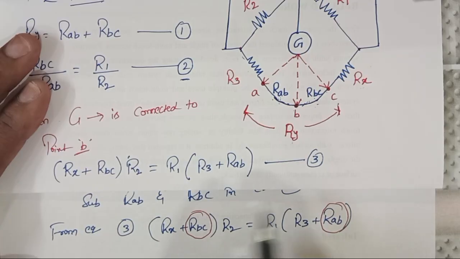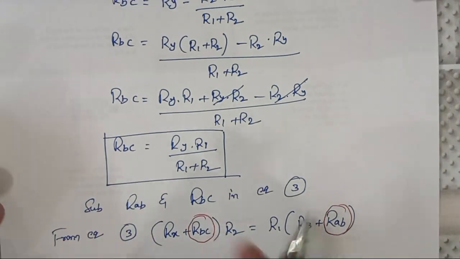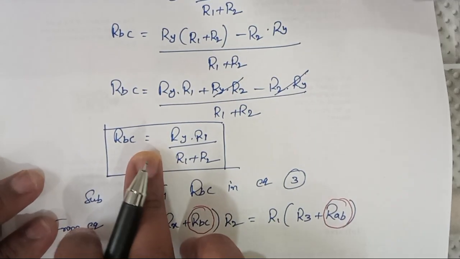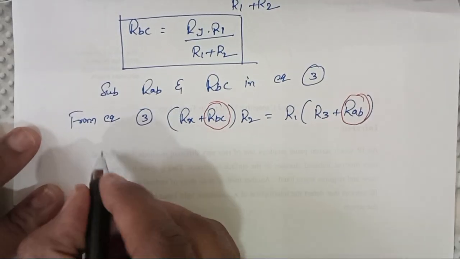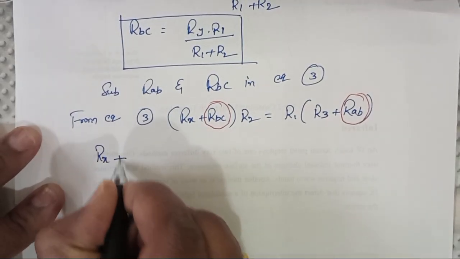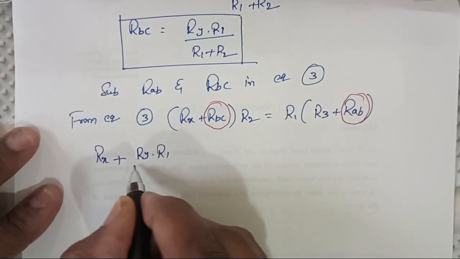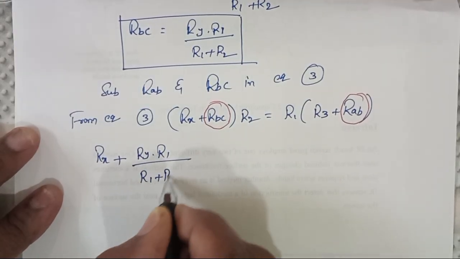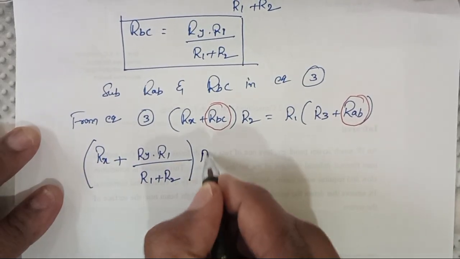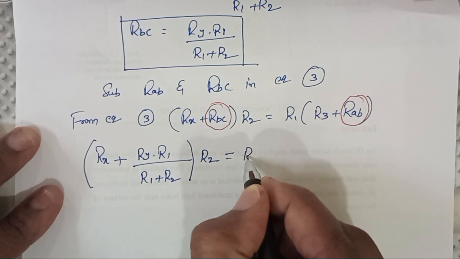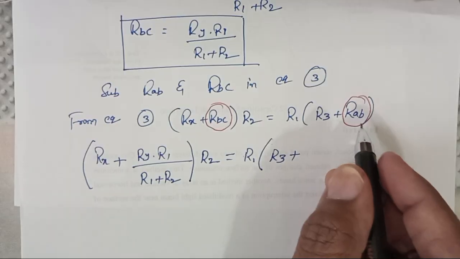First thing, Rx plus RBC is this one, Ry into R1 by R1 plus R2, into R2 is equal to R1 into R3 plus RAB.